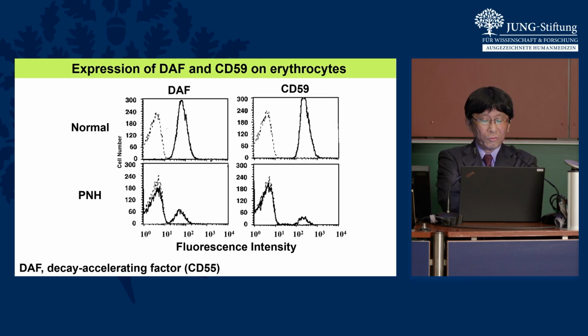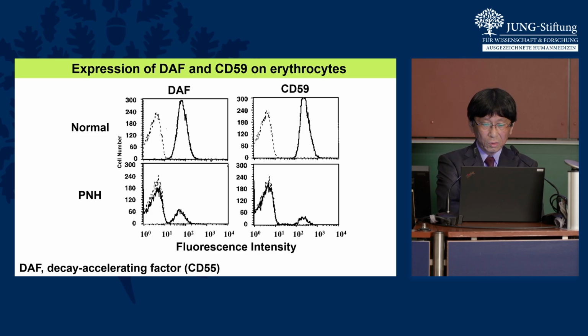This shows a flow cytometric profile of the DAF and CD59 expression on the normal and the PNH patient blood red blood cells. All the normal red blood cells express DAF and CD59. Dashed lines are the background. The patient red cells have two populations.